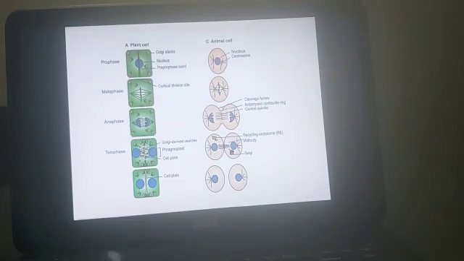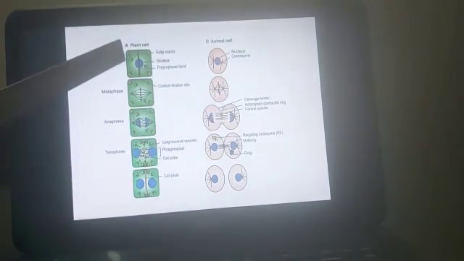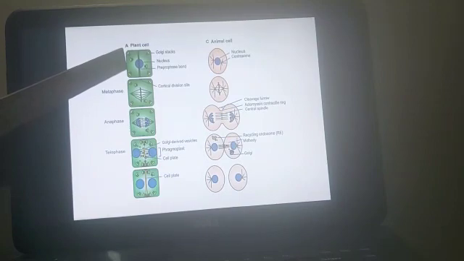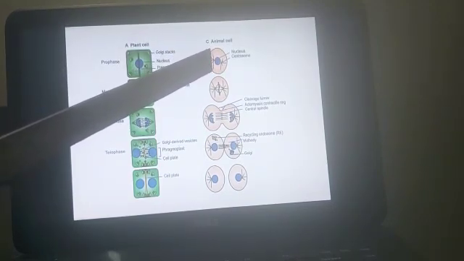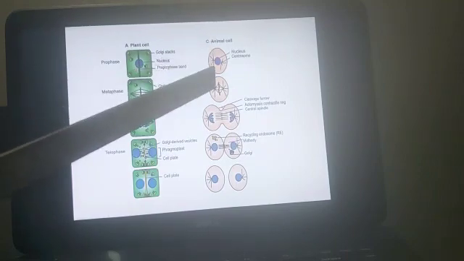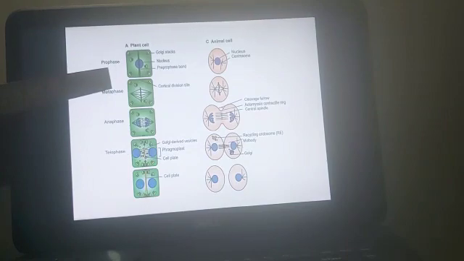Now in this diagram you can see the difference between the mitosis of plant cell and animal cell. Remember, in the plant cell, the cell wall is present. In the animal cell, the cell wall is absent. That is one difference. The second difference is that centrioles are present only in animal cells, but they are lacking in plant cells.